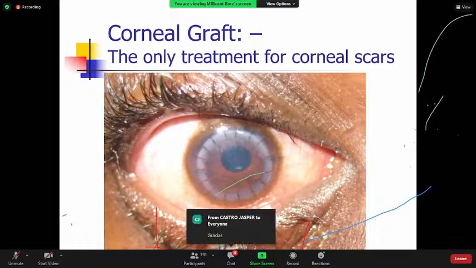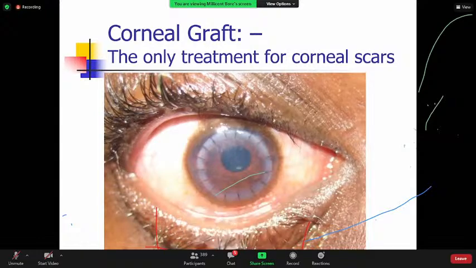Any other question? The other one is, why shouldn't the eye be padded? You can imagine, it's like you're creating a good breeding ground for bacteria to proliferate.